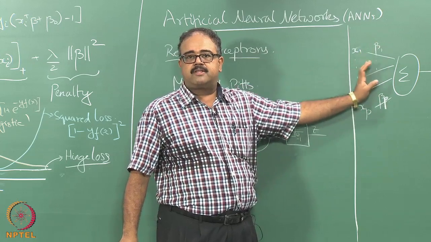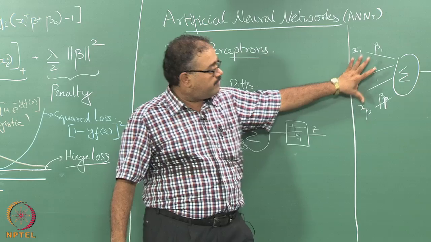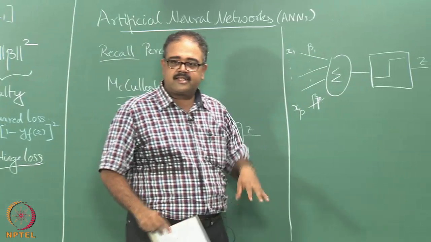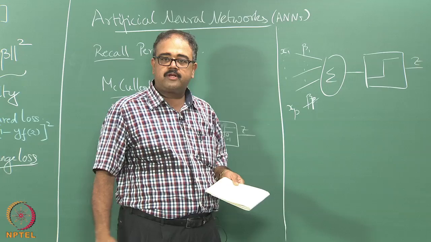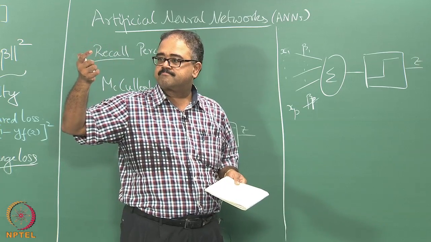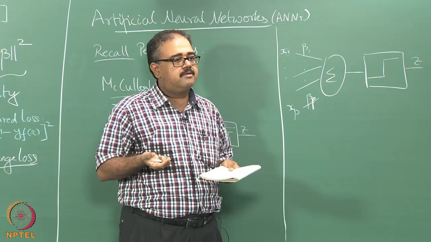So x1 beta 1 plus x2 beta 2 plus x3 beta 3 and so on and so forth. Now if this entire thing is greater than a threshold, I will output a plus 1, right. If the entire thing is lesser than a threshold, I will output a minus 1.